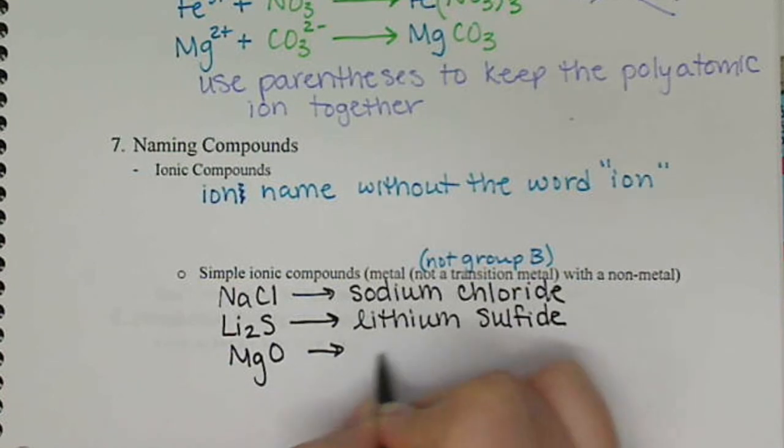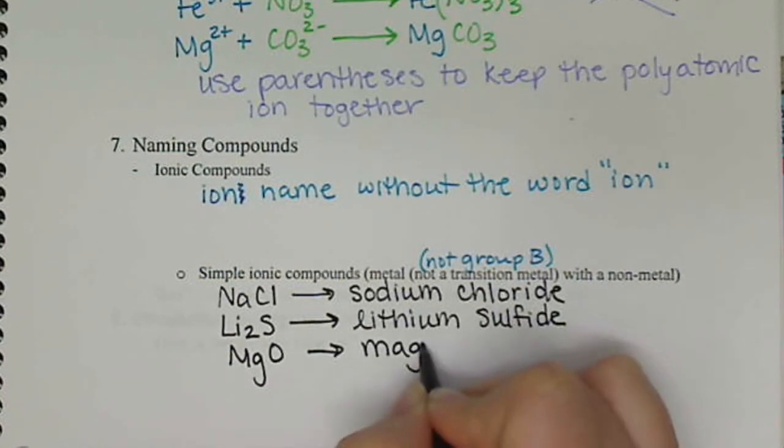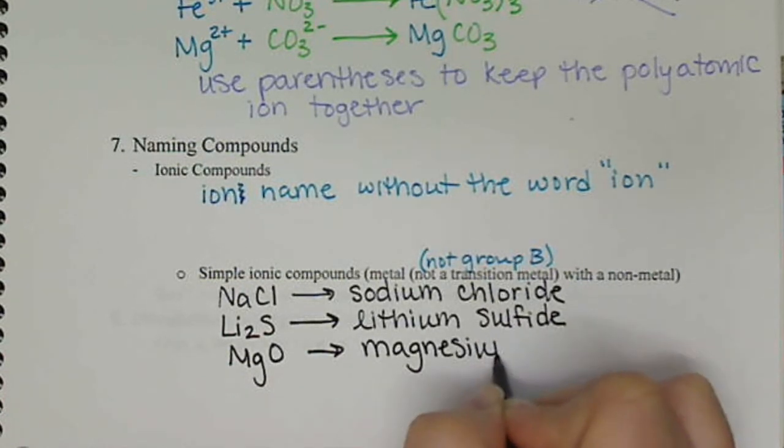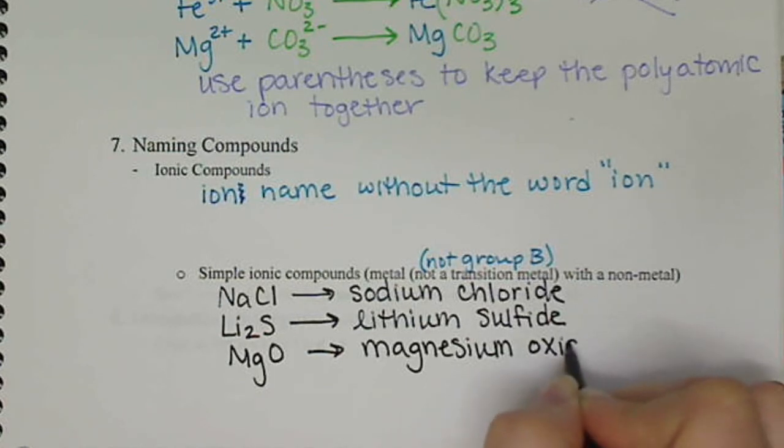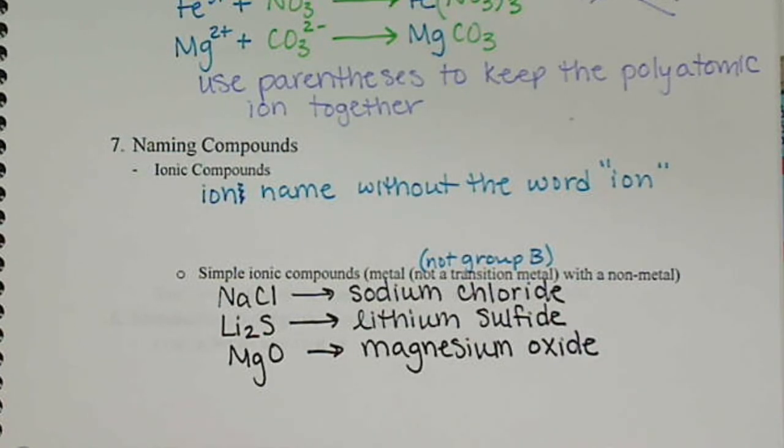Or MgO, this is magnesium oxide. All right, pretty straightforward for ionic compounds.